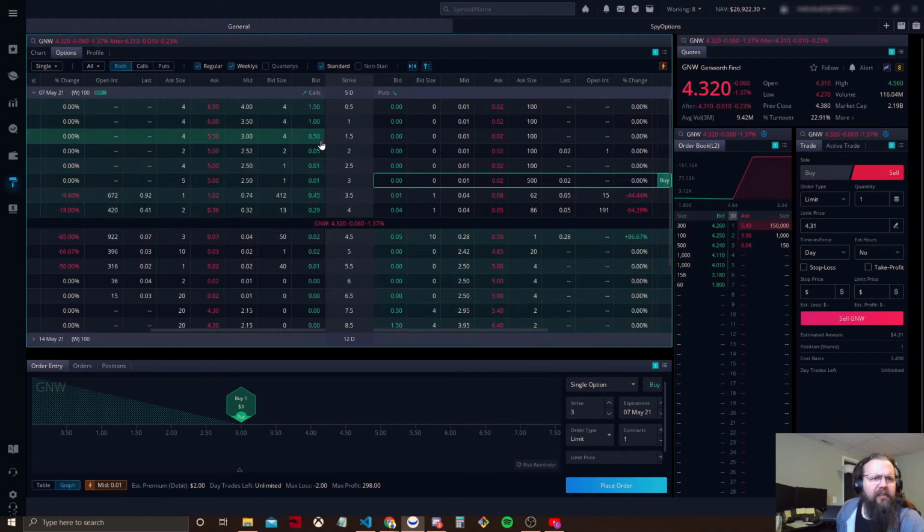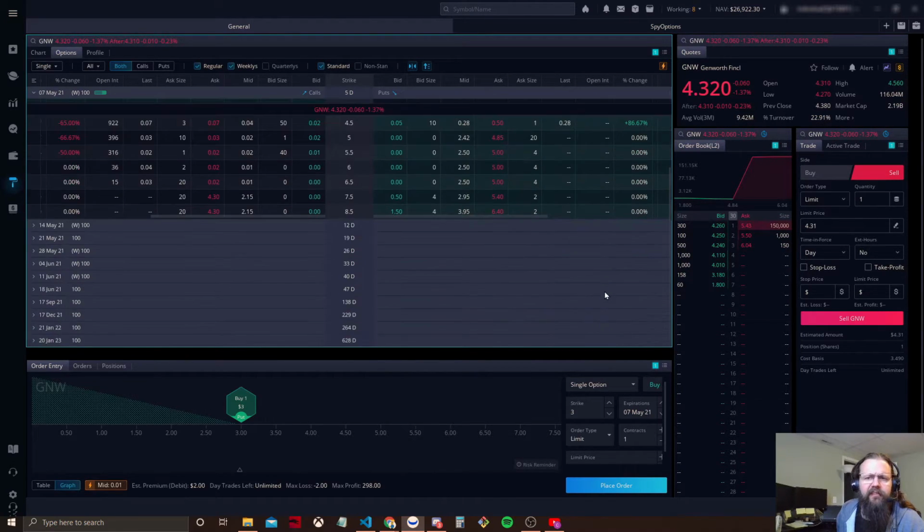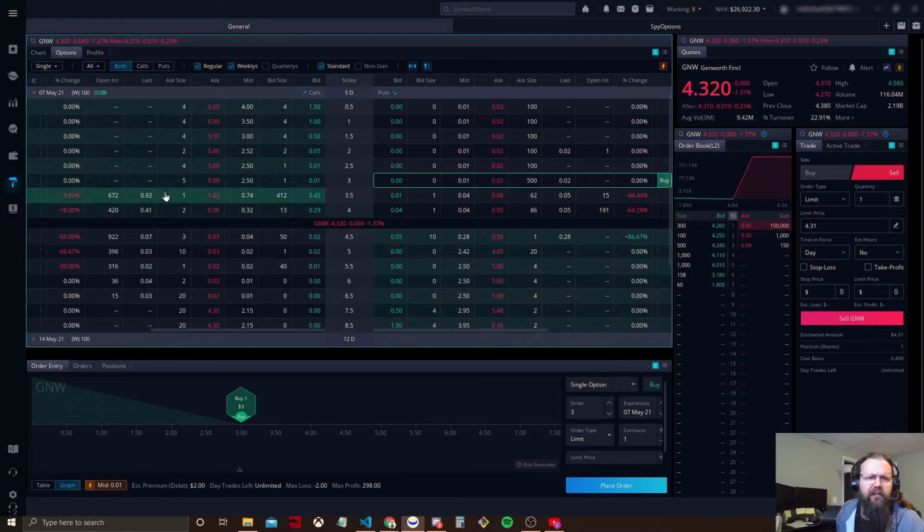So you can see I have all options on. Not much open interest anywhere in this option chain for things expiring at the end of the week on the put side. Quite a few on the call side. People are buying calls.